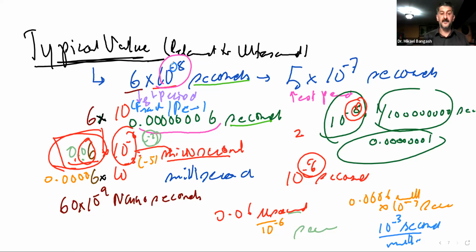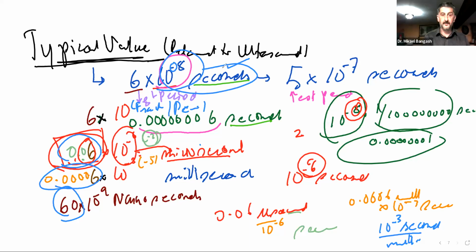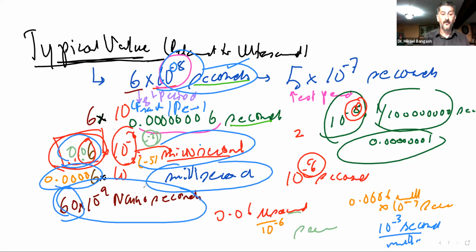That this 100 millionth of a second can then be expressed as different fractions of a second. Just keep in mind that this number here is going to change, all dependent upon whether you use a big unit, or a small unit that becomes a fraction of it. A very, very small unit.